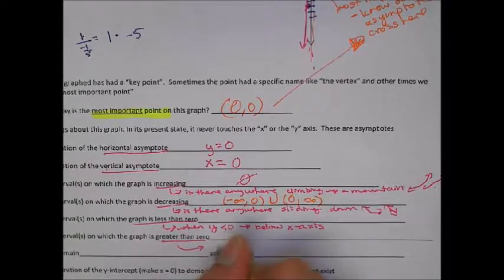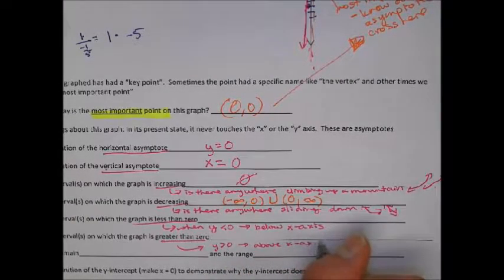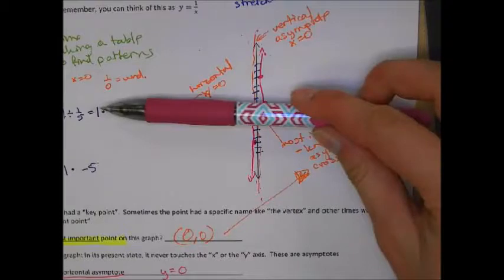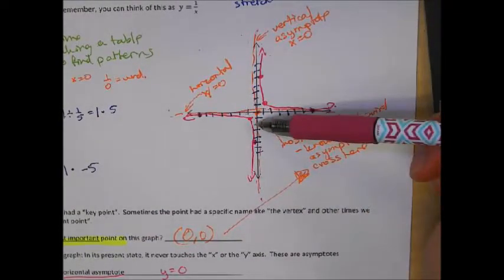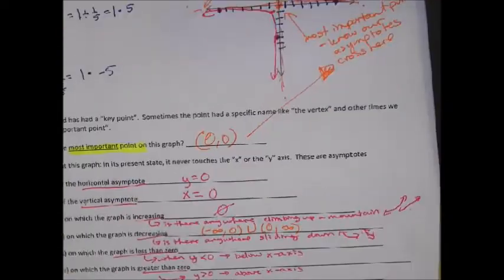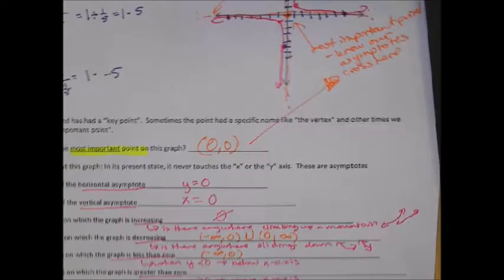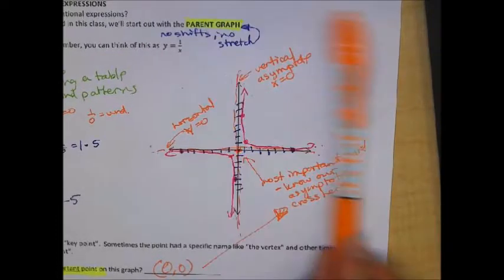So this is when y is greater than 0, so we're above the x-axis. So let's look. When am I below? I'm below from negative infinity to 0. When am I above? Well, from 0 to infinity.